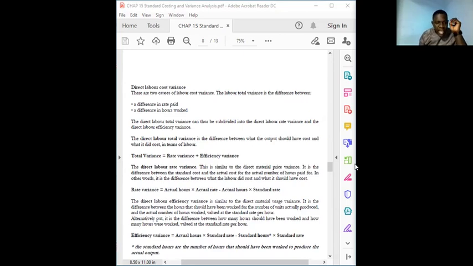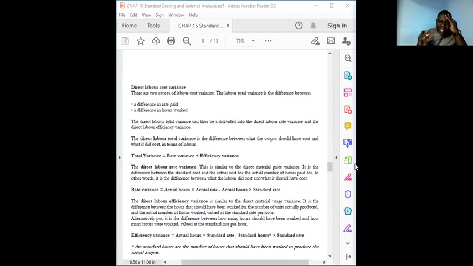It is the difference between the hours that should have been worked for the number of units actually produced and the actual number of hours worked, valued at the standard rate per hour. Alternatively, it's the difference between how many hours should have been worked and how many hours were worked, valued at the standard rate.